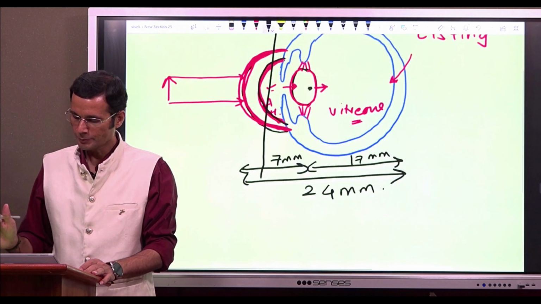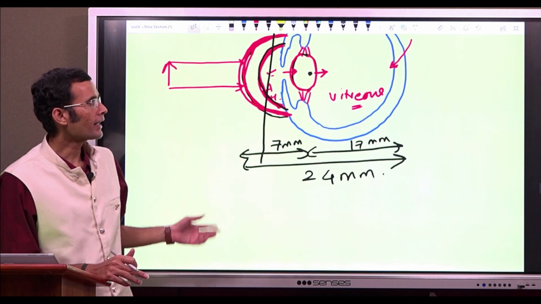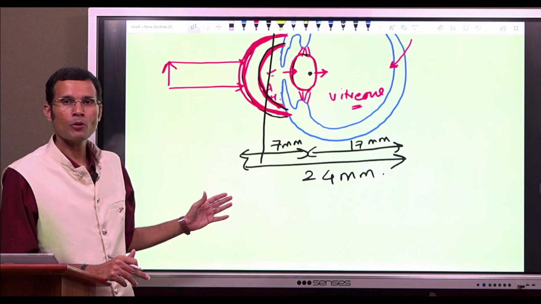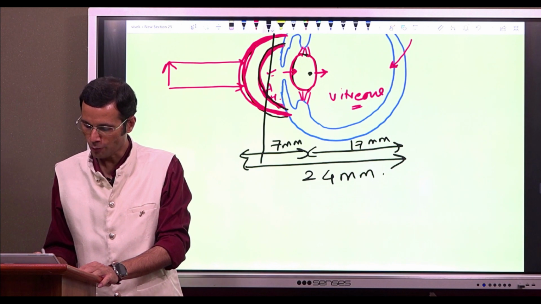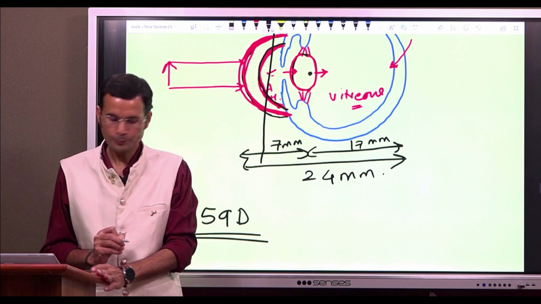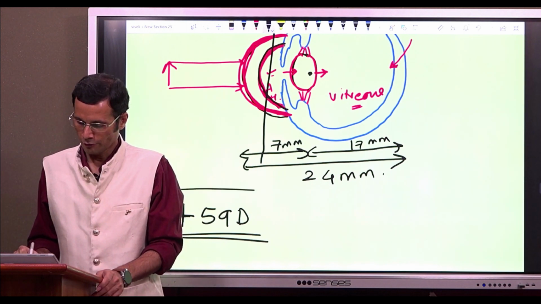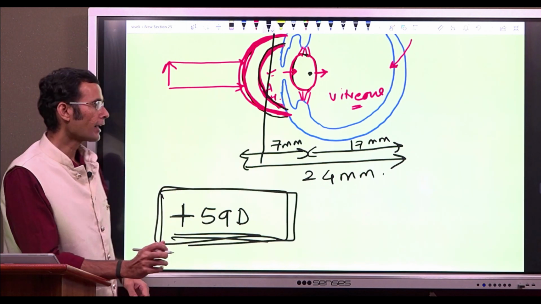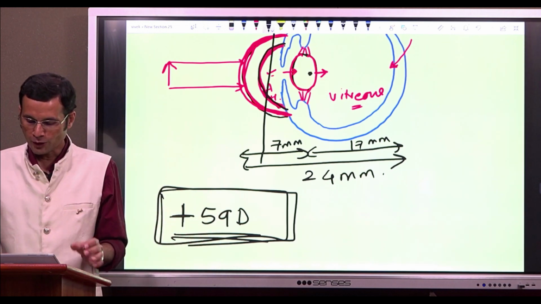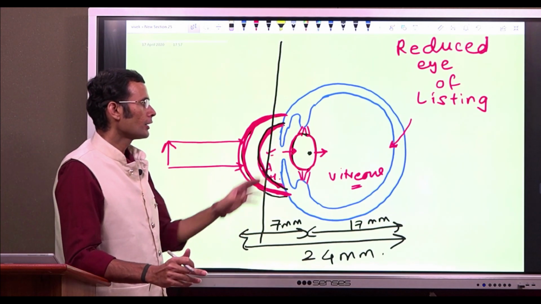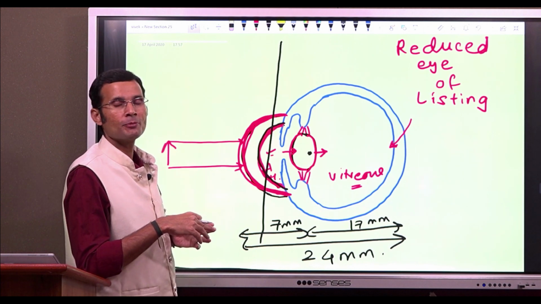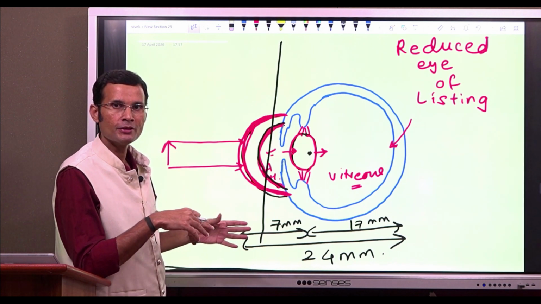And the third point is the total refractive power of such a simplistic model of the eye. The total refractive power would be 59 diopters. Now, the crystalline lens inside the eye has a refractive power of 18 diopters.